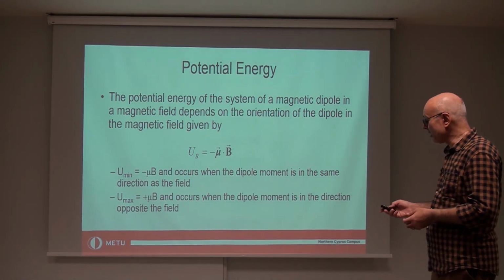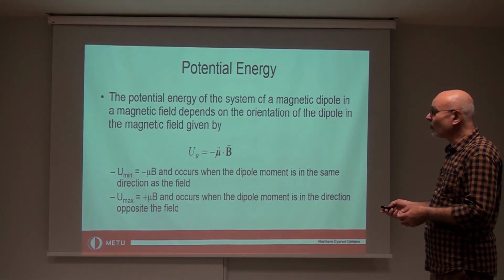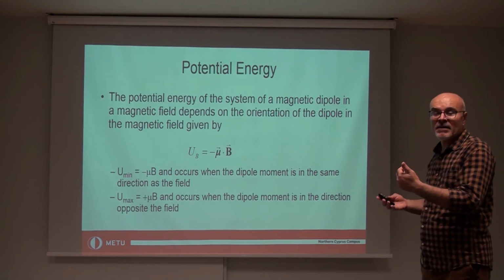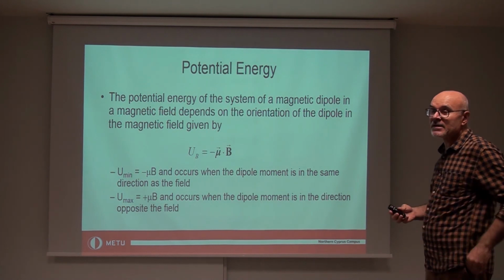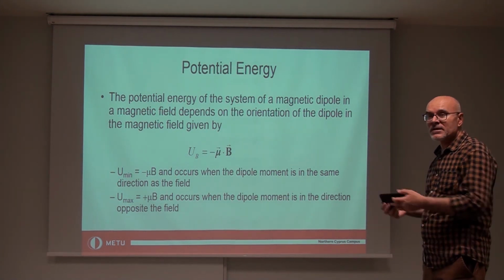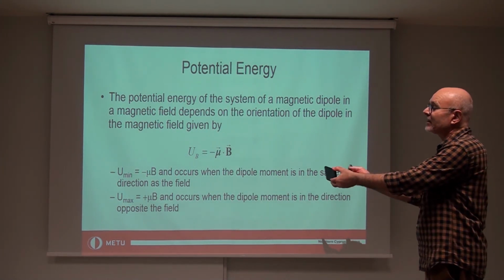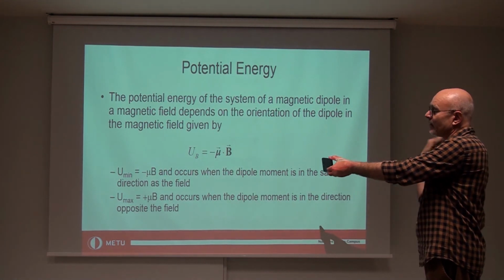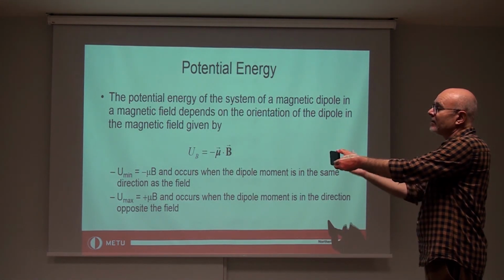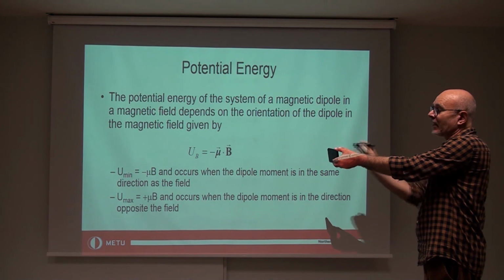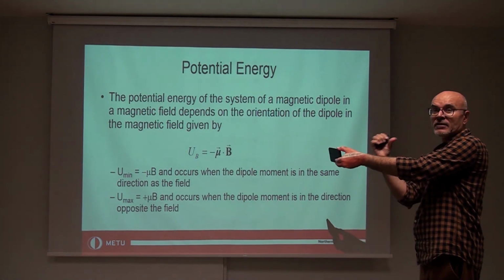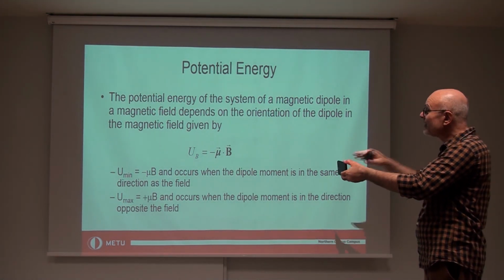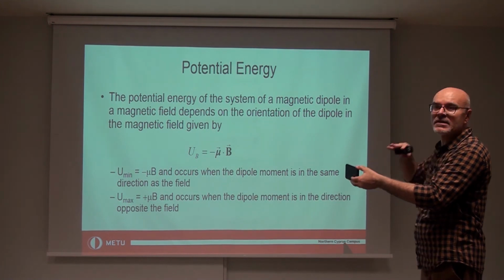As you can see, when the dipole moment is parallel to the magnetic field, for example if the field is along the positive x direction and the dipole moment and area vector are in the same direction, there is no torque, and this is the state of smallest potential energy.